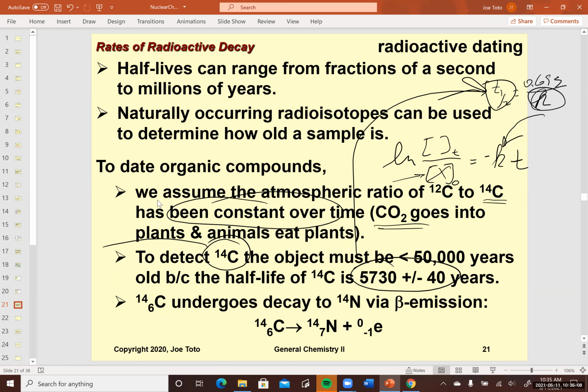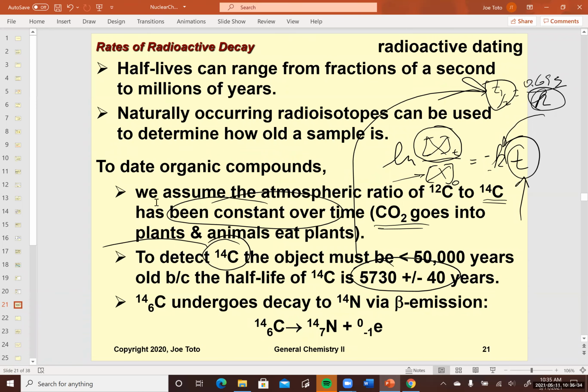Then I can find the concentration of carbon-14 in that bone that someone dug up and put that value here, use that k, and then solve for the time that that bone has been decaying. And so I could do that.